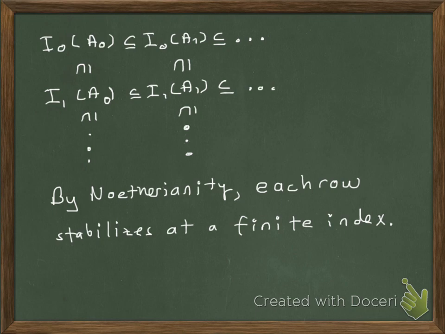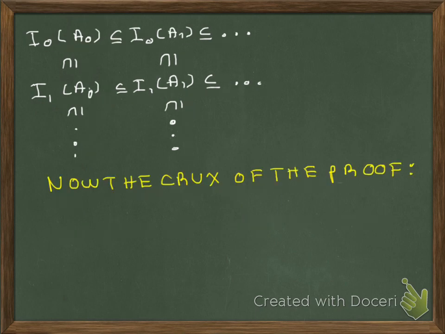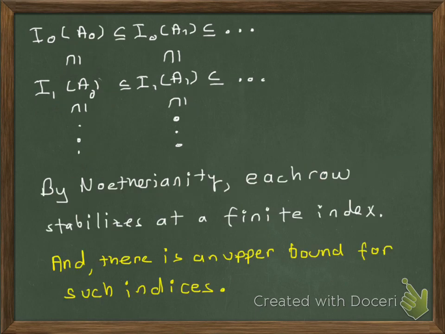Now since these are ideals, all the terms of this mesh are ideals of R. By Noetherianity of R, each of these rows stops growing at some finite index. Our claim, which is the crux of the proof, is that there's an upper bound for such indices. Now note this though.